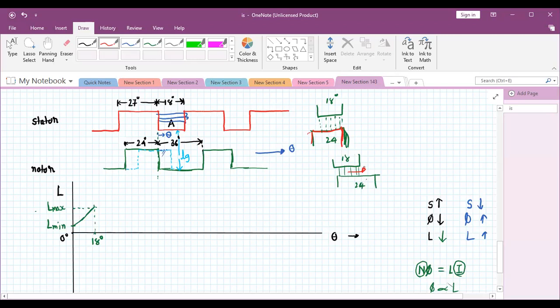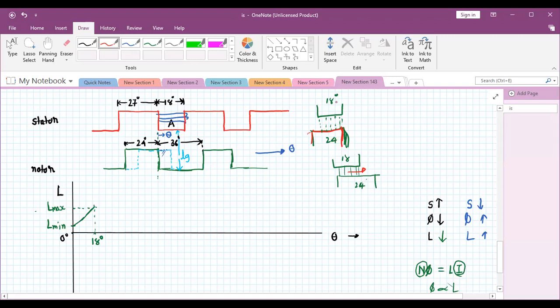Sometimes the air gap between the stator and rotor tooth is not changing. It means the air gap remains constant for how much degree? Six. Yes, the overlapping is for how much degree? 6 degree.